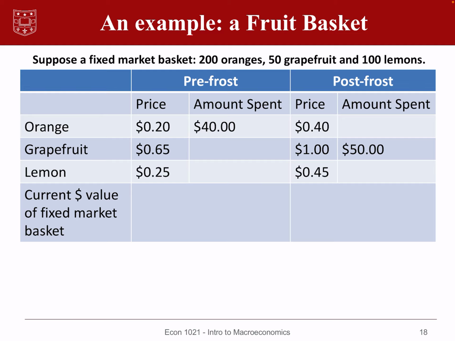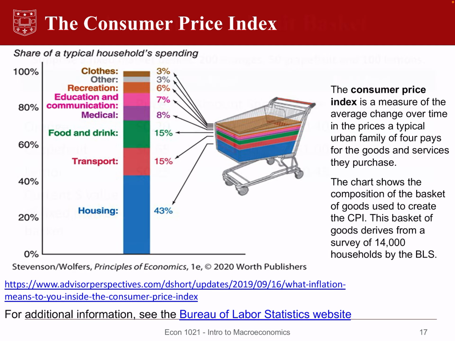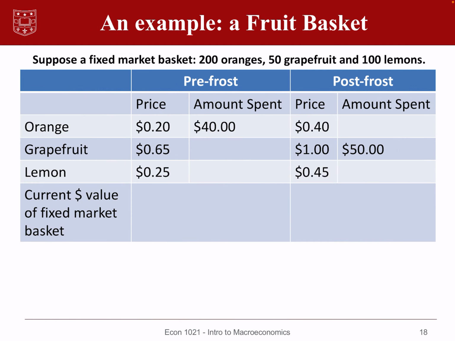So if you looked casually at these prices, what you would see is that going from 20 cents an orange to 40 cents an orange is an increase of 100%, doubling. For grapefruit prices, we go from 65 cents a grapefruit to $1 for a grapefruit. That's an increase of 54%. Again, you can construct these growth rates on your own to get some practice.